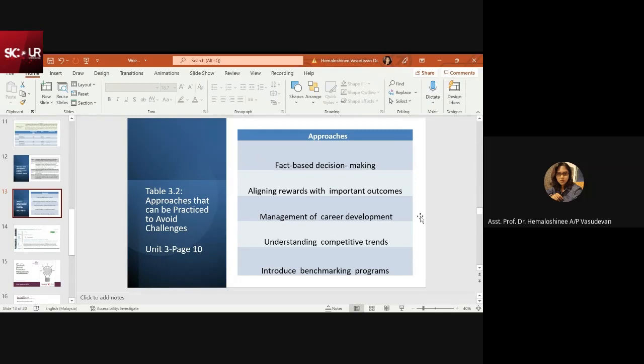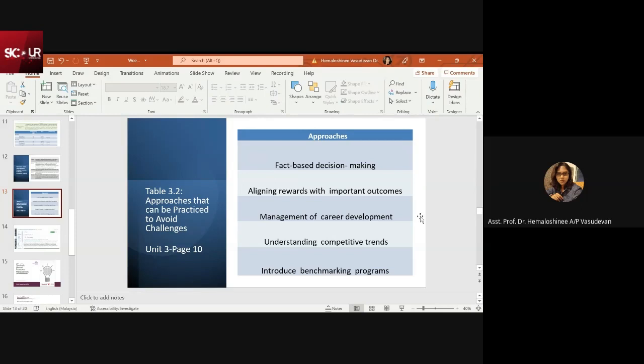You have to come up with the statistics. You have to come up with the proof and evidence to show that these decisions are really good for us to implement and get outcomes from the decision itself. So that kind of approach. Second, you have to make sure you align the rewards with the important outcomes.